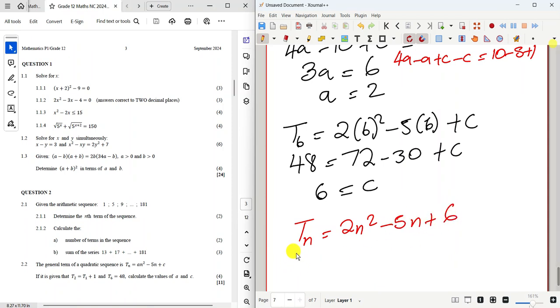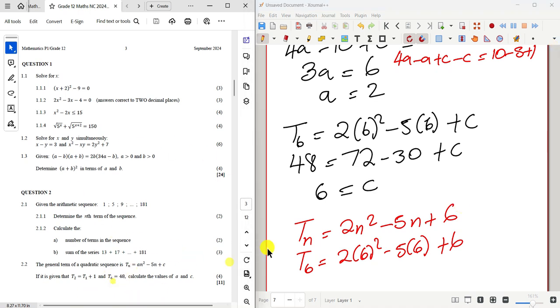Now let's look for T6 and see what we get. So this is 72 minus 30 plus 6. Indeed, we get 48. This means our values are very correct.